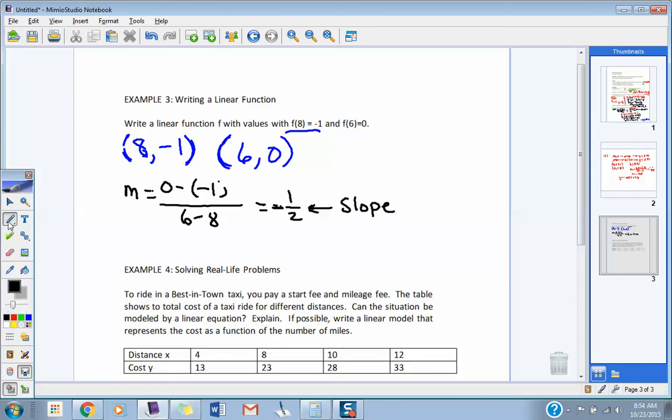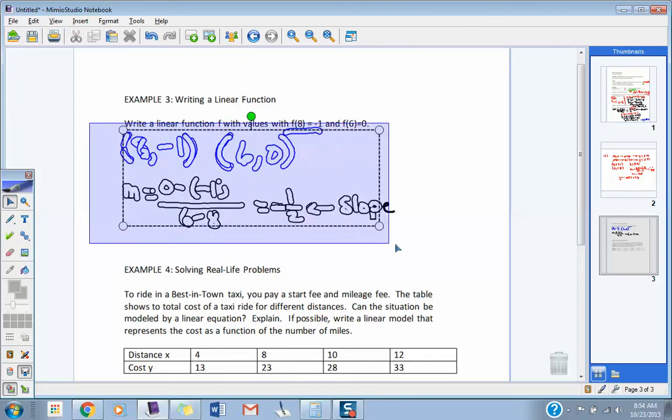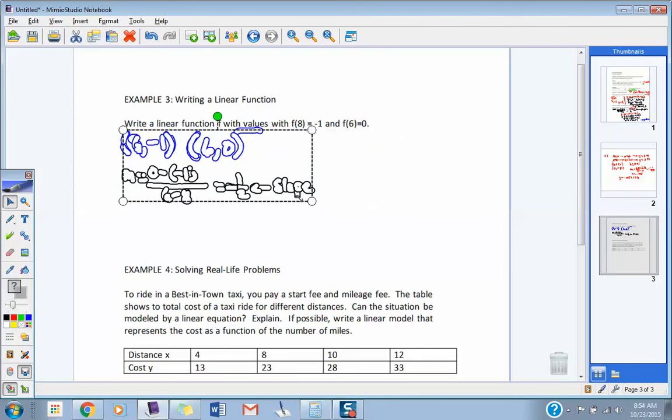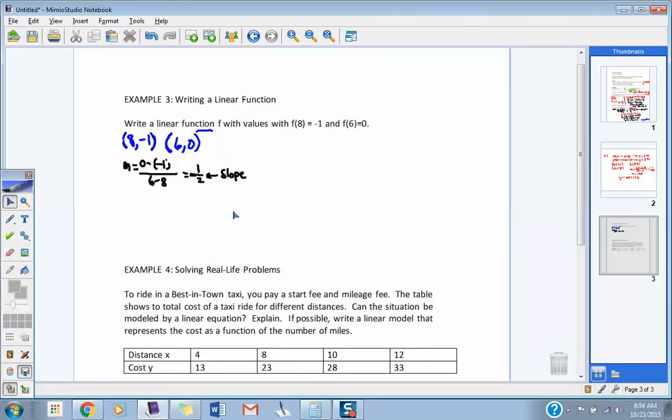All right, so let's go. Plug it into the formula. Y minus y1. So y minus what first, guys? All right, let me make some room here so I can squeeze this in. What did you say? Y minus how much? Equals my slope of negative 1/2 times x minus x1, which is 8.